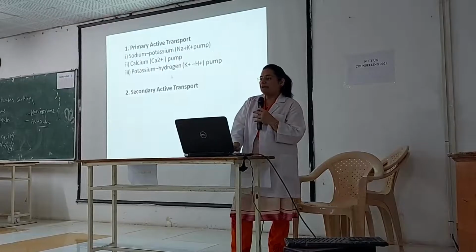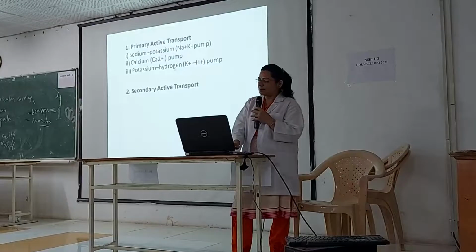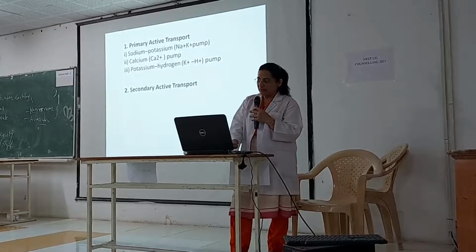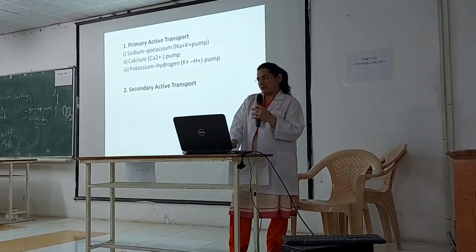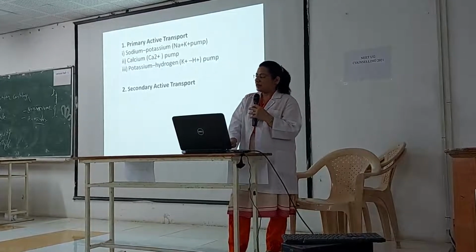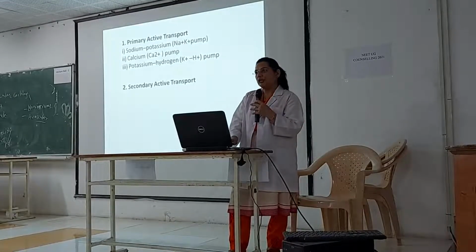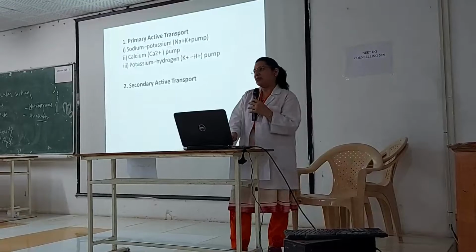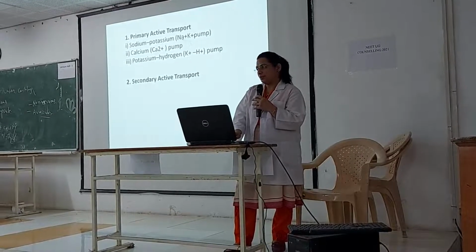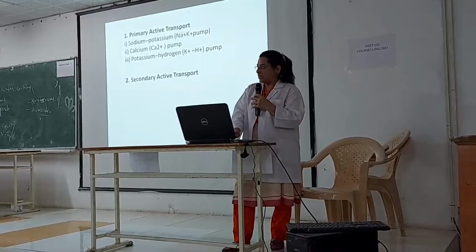In primary active transport, there are the sodium potassium pump, the calcium pump, and the potassium hydrogen pump. And what do we mean by secondary active transport? Energy is being used, but not at the point of utilization. Like the sodium potassium pump, which pumps sodium out and potassium in.